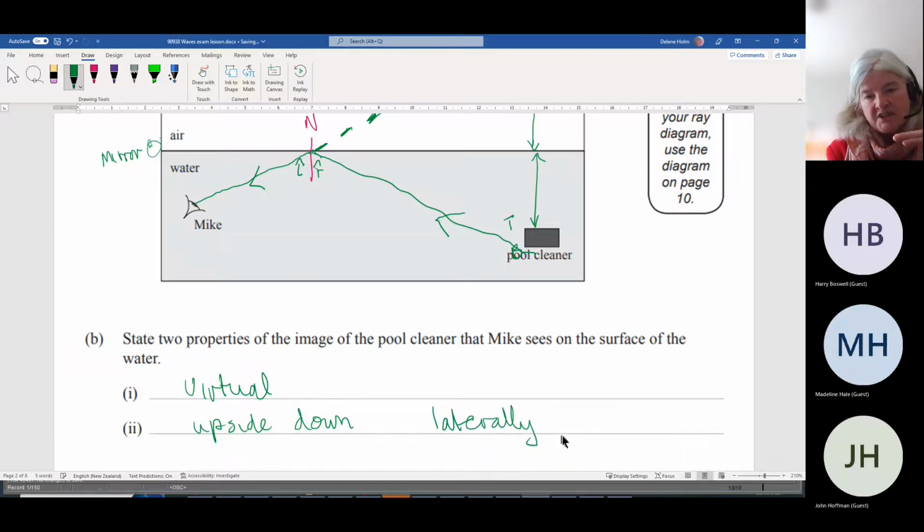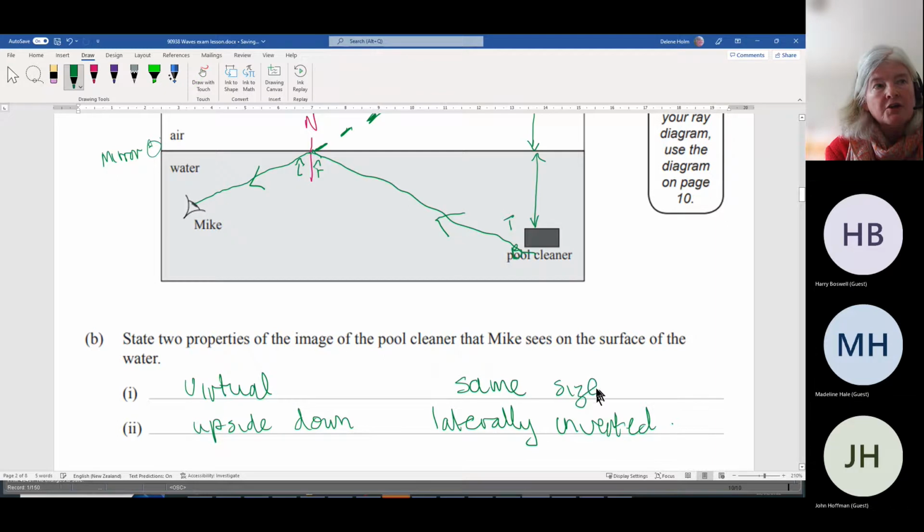It's just that the mirror is sideways instead of upright, but it is that same idea. And the other thing you can say, because it is a reflection, is: is the image bigger, smaller, or the same size? If you look at yourself in the mirror, are you bigger or smaller or the same size? Anyone? Nope. Okay, same size.